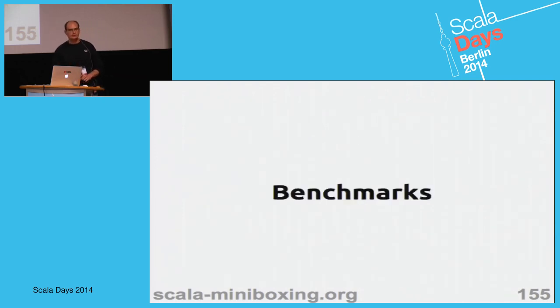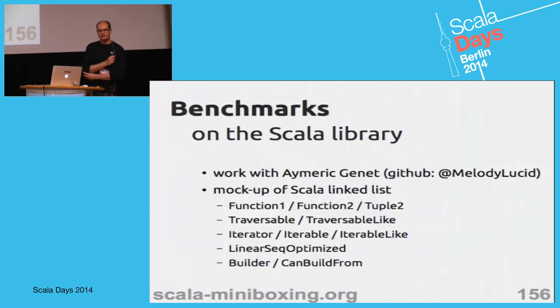So let's go to the benchmarks and see exactly where we stand with miniboxing. We have an implementation that's pretty stable. We tried it on a mock-up of the Scala linked list, so a mock-up of the Scala collections library. This is joint work with Aymeric Genet, and we wrote a mock-up of all the things necessary to do a simple benchmark.